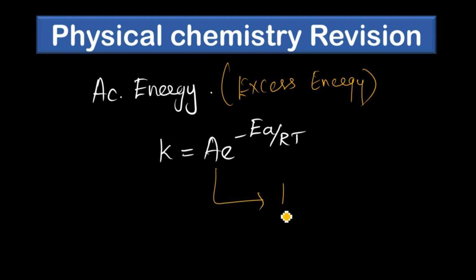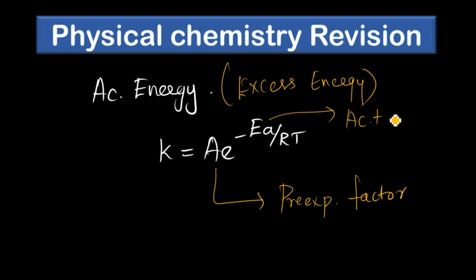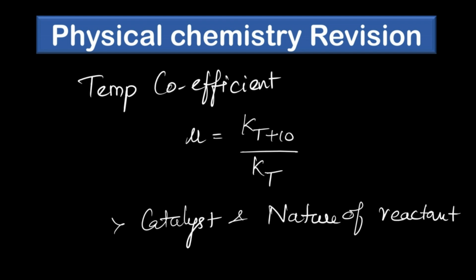Here A is the pre-exponential factor, Ea is the activation energy, R is the gas constant, and T is temperature. Just substitute the values and you will get the answer. Those types of questions only they will ask.